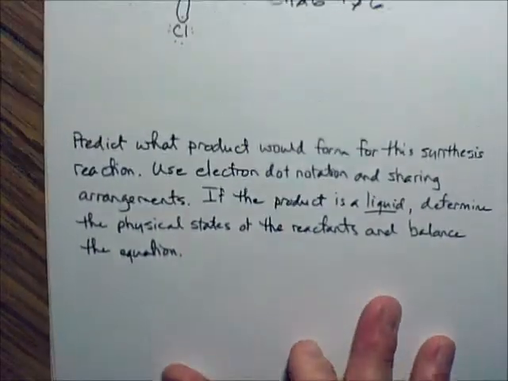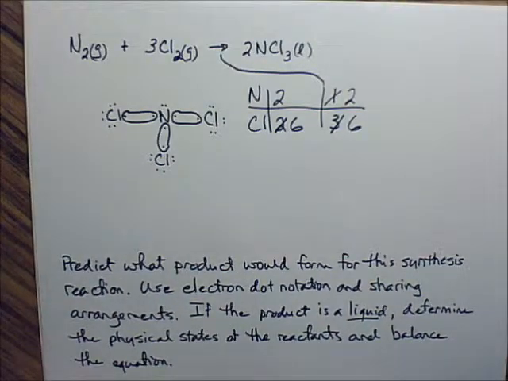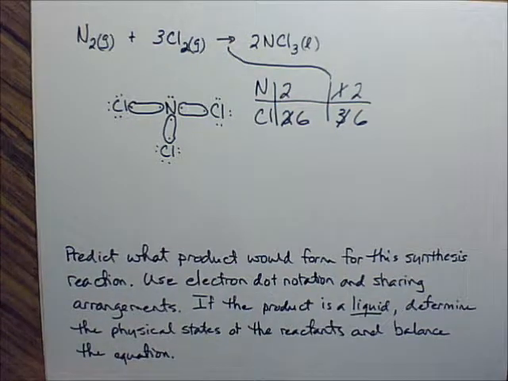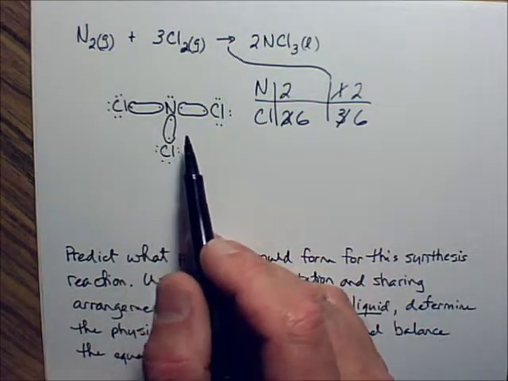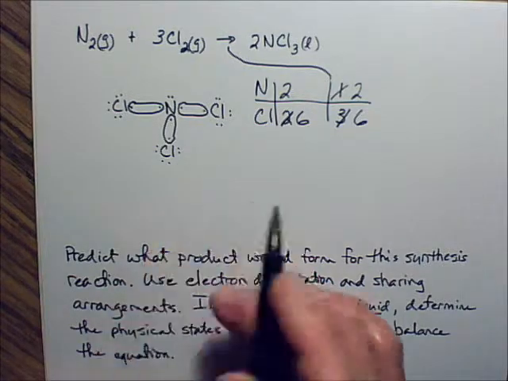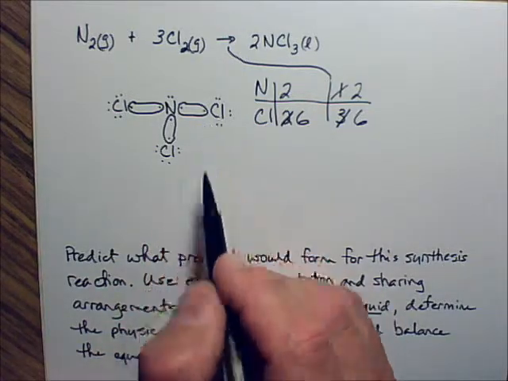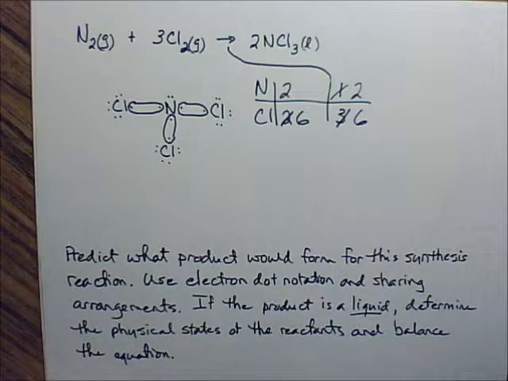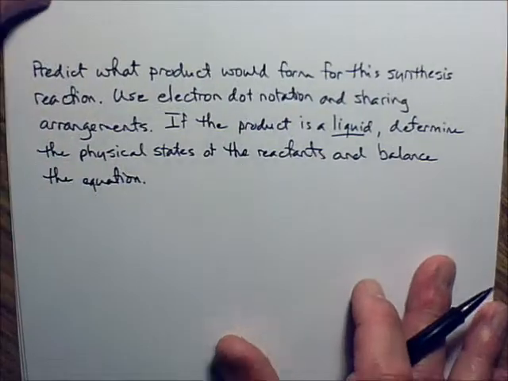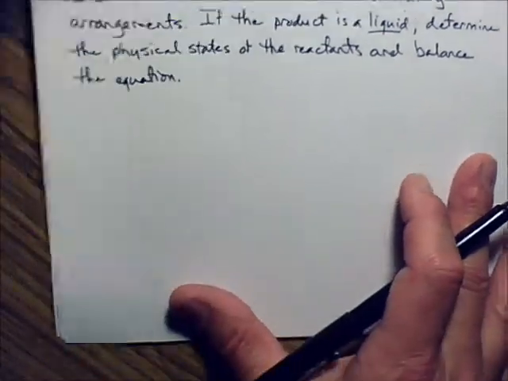Usually, this sharing of electrons, we typically only use for covalent bonding. If we were doing ionic bonding, you could use the electron dots, but then you draw arrows to show where the electrons are leaving and going somewhere else. In ionic bonding, the electrons actually leave one element and go to another. It can get more complex, but that's all we've done in here. Okay?